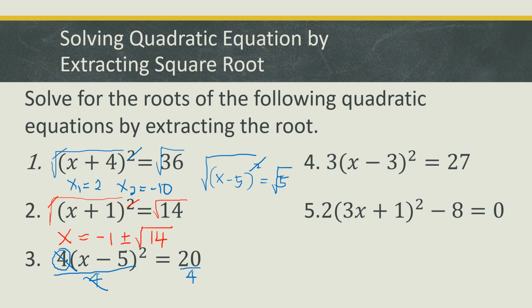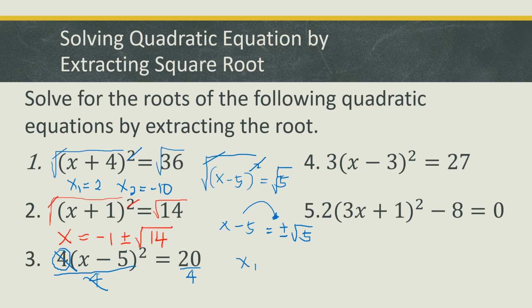So let us cancel now the square that we have. x minus 5 is equal to the positive and negative square root of 5. We do not have a perfect square root of 5. Then transpose negative 5, it becomes positive 5.